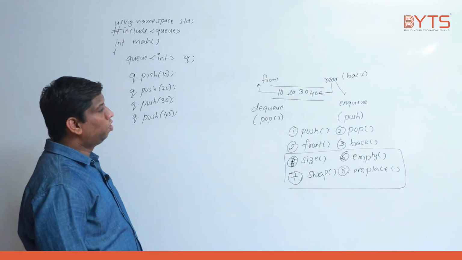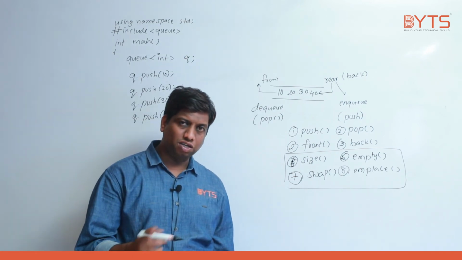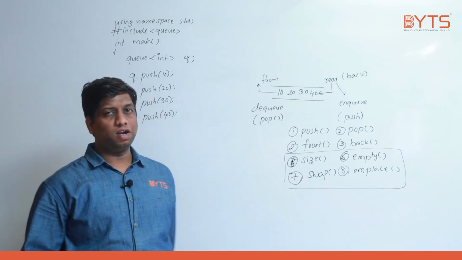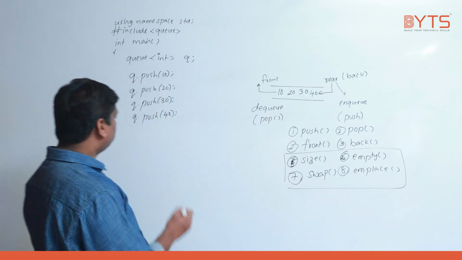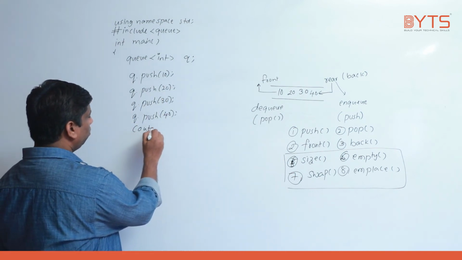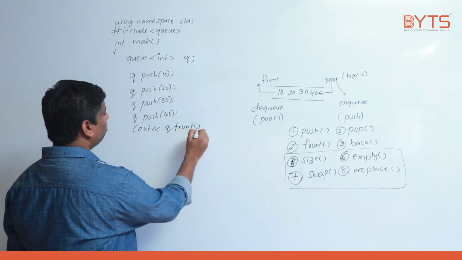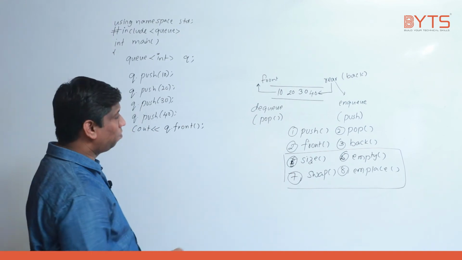Okay. Now try to understand. In the case of stack we have only one end. Insertion and deletion is done at one end, but here insertion is done at one end and deletion is done at the other end. Now I would like to know what is the first element and what is the last element. How do you know that? Cout q dot front. What is the meaning of front? The element which is first inserted.